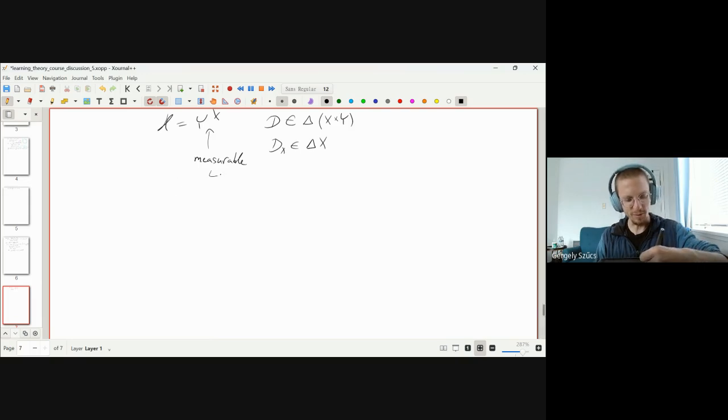But if it's measurable, then I think that implies that the loss is well defined.